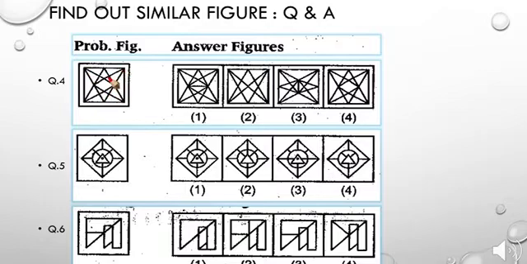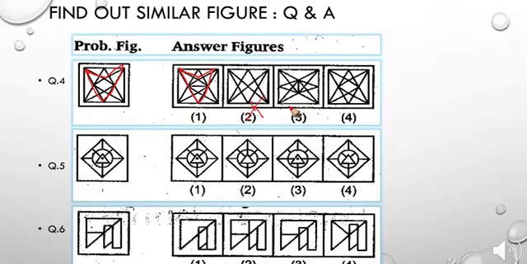Further, what we notice here is there is a star, this star should be present. Let's check the presence of this star. In option 1 it is there, option 2 it is not there, we can reject option 2.